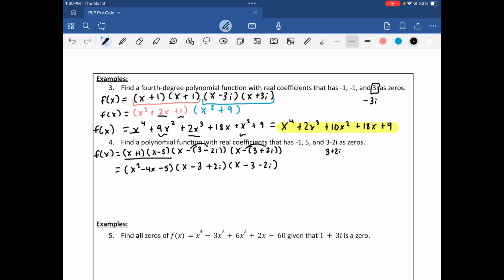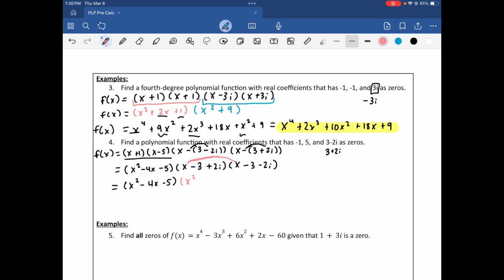This is where your box method might come in handy if that's what you like more. I'm going to continue with FOIL just because that's what I'm more comfortable with, but it all depends on what you want to do. So I'm going to take my first times my first.